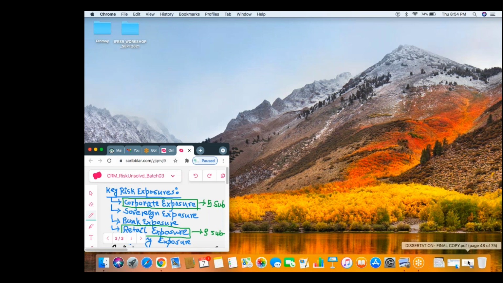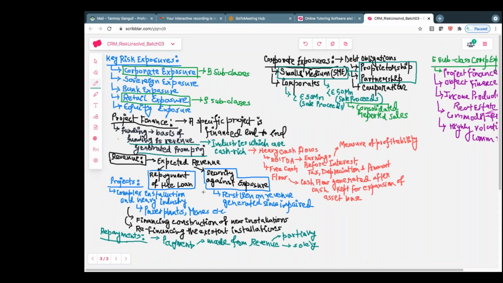Okay. So something similar to project finance is the concept of object finance. Over here in a project finance, the bank is trying to finance a full project end to end.